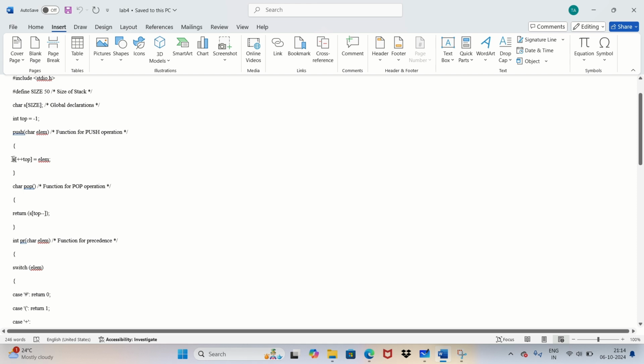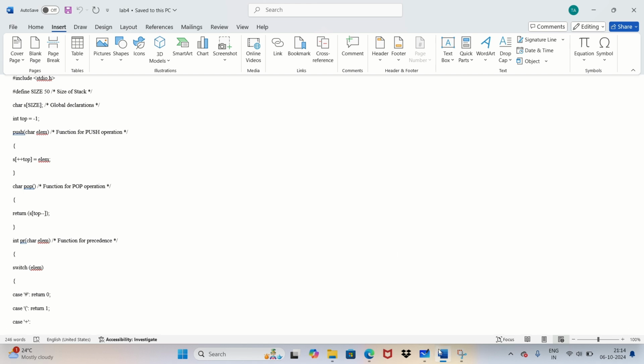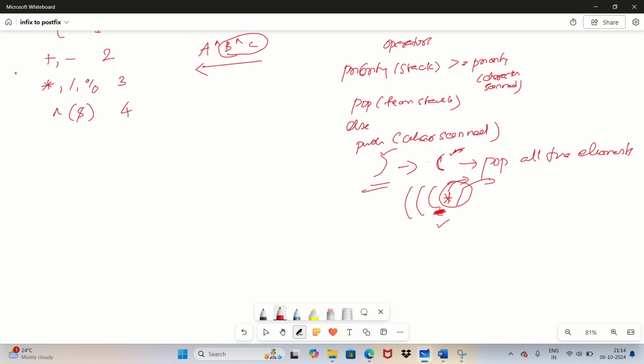You already know how everything is done in the stack. Imagine this is a stack, and top is -1 because it is empty now.